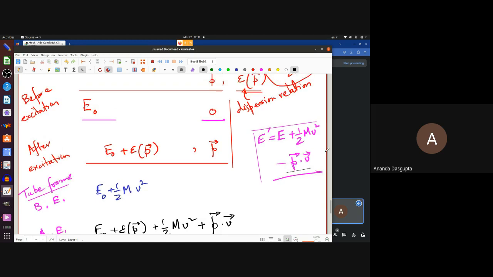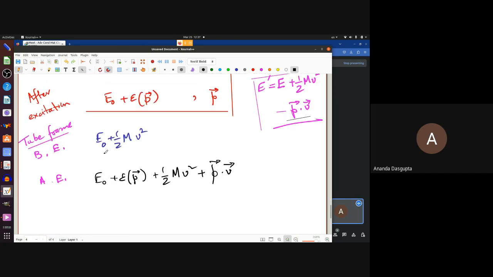You just need to know the transformation rule for energy, which is very easy to figure out just by looking at kinetic energy. And then this works for all energy, and that's what we did. The total energy of the superfluid was E0 before, and it had no momentum. Remember, we are talking about the fluid frame. Then, of course, the fluid has no momentum. After excitation, you have an extra quasi-particle, so the energy has gone up by epsilon P, and the momentum has changed from 0 to P. This was again in the fluid frame.